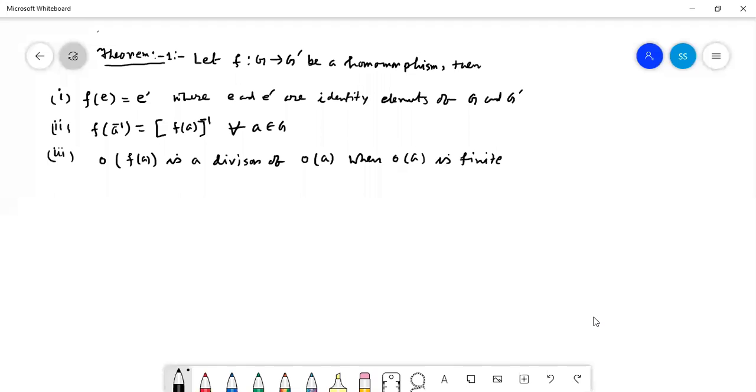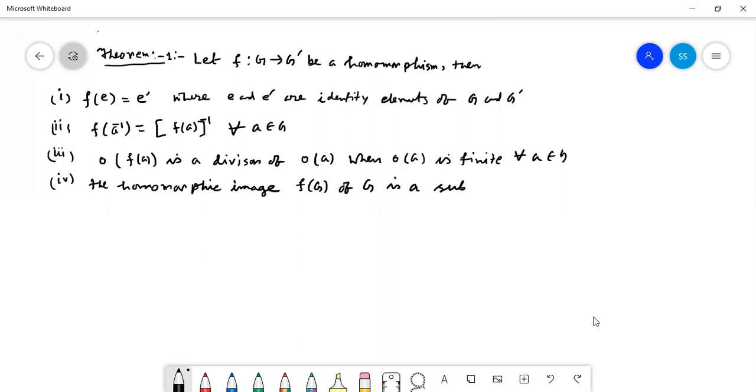Order means the number of elements in the set, for all a belongs to G. And lastly, number 4, the homomorphic image f of G is a subgroup of G dash. So these are the points.